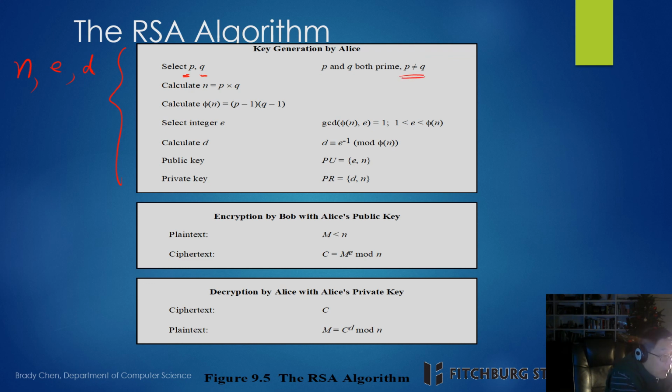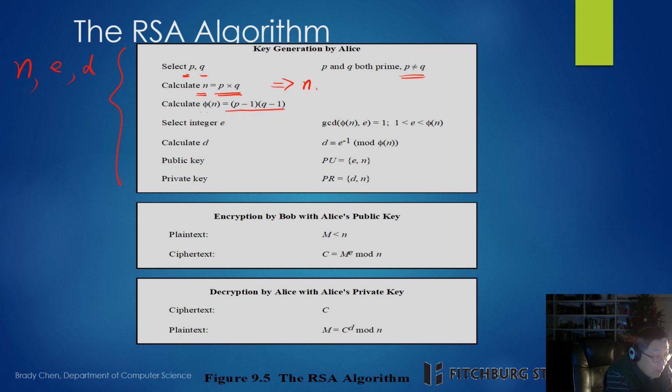Then we calculate P times Q and we get N. Then we calculate Euler's totient function of N, phi of N, which is P minus 1 times Q minus 1.